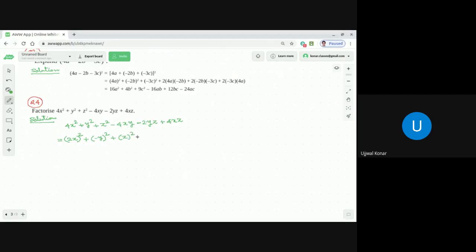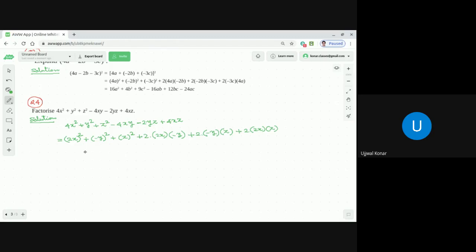Then we get plus 2 into 2x into minus y, that is why we can write minus 4xy. Then plus 2 into minus y into z, that we can write as minus 2yz, plus 2 into 2x into z, that we can write as 4zx.